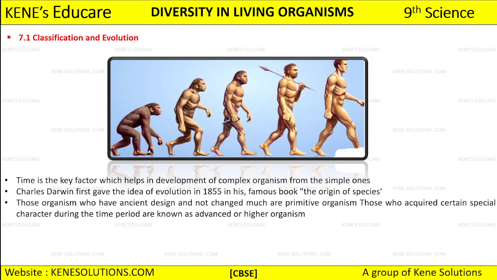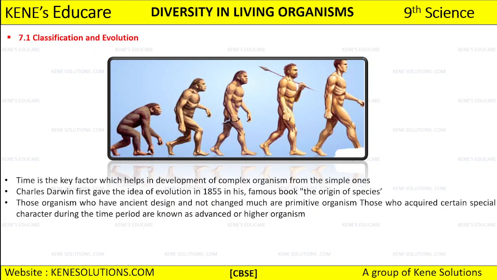Because Charles Darwin was the first one who gave the idea of evolution in the year 1855. And this idea of evolution in 1855 was given in his famous book, the Origin of Species.